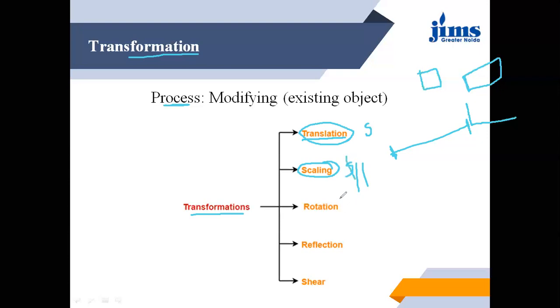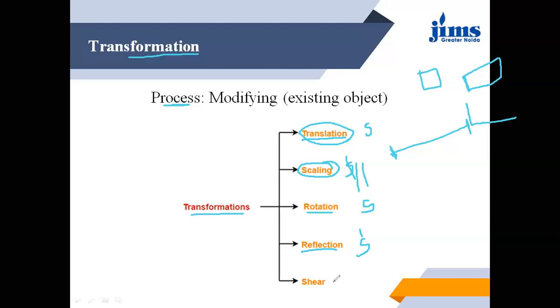In rotation, we rotate about a plane, about x, y, z, which we will discuss, and the size of the object remains the same. In reflection, the size of the object is the same. This is like seeing our image in a mirror, meaning it is the reflection of the original object.